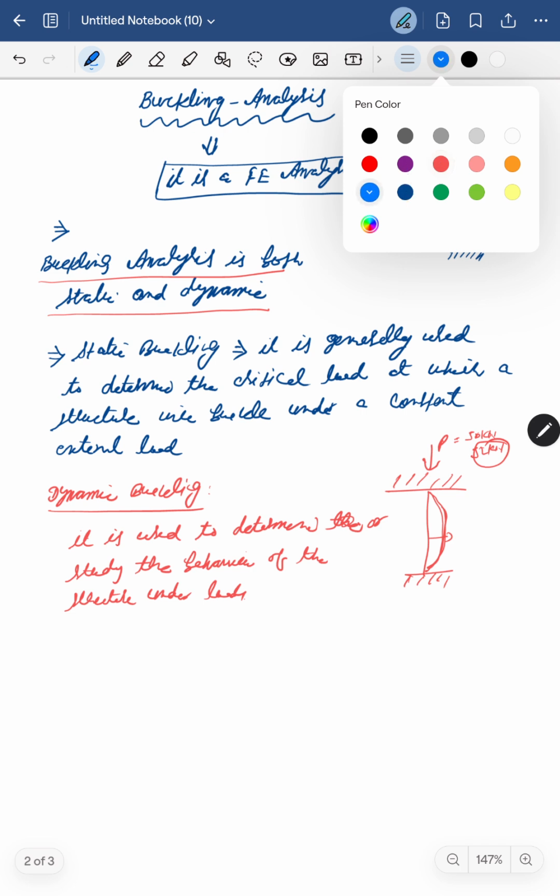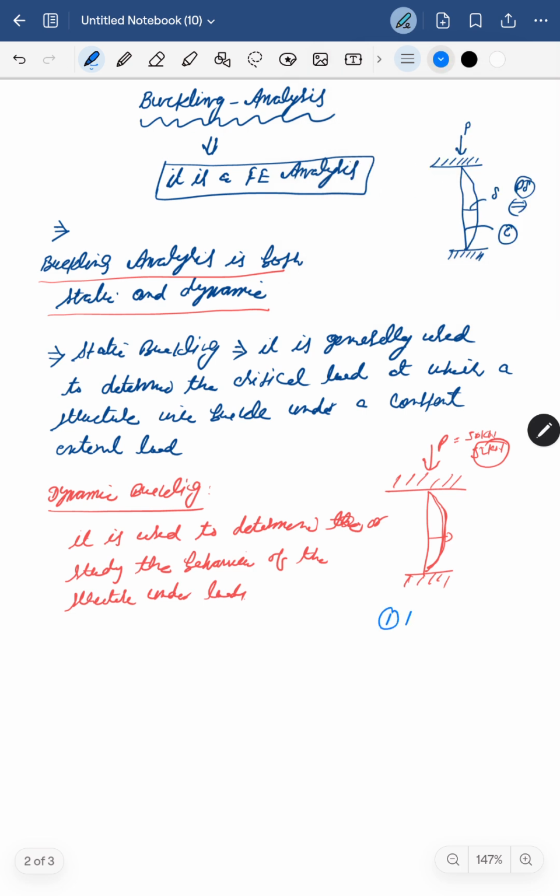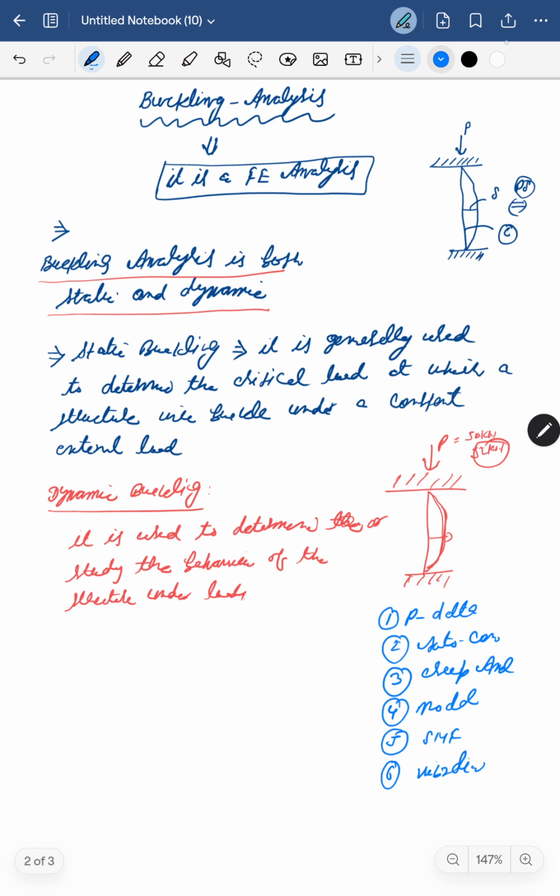For example, you have to perform the P-delta analysis, the auto construction sequence analysis, the creep analysis, the modal analysis, the stiffness modification factor, the vibration analysis, and then the buckling analysis.